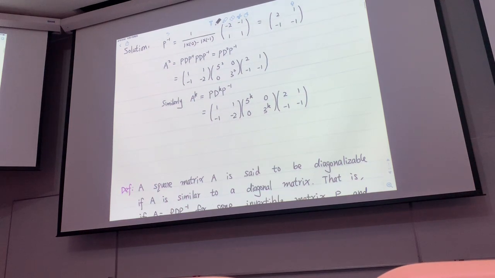Then we do the multiplication, and it's easy to find the final result: 2 times 5 to the power k minus 3 to the power k, 5 to the power k minus 3 to the power k, and 2 times 3 to the power k minus 2 times 5 to the power k, and 2 times 3 to the power k minus 5 to the power k.